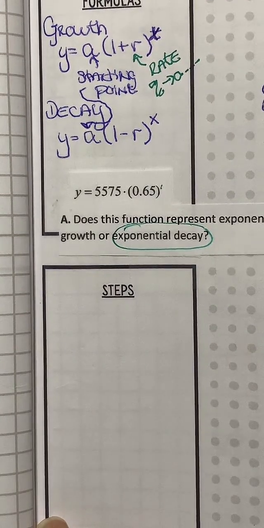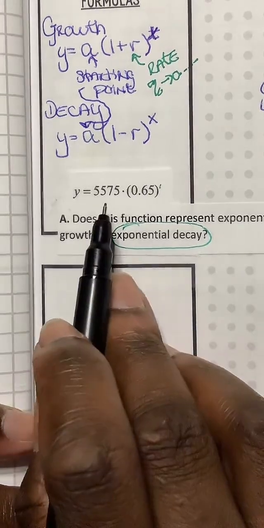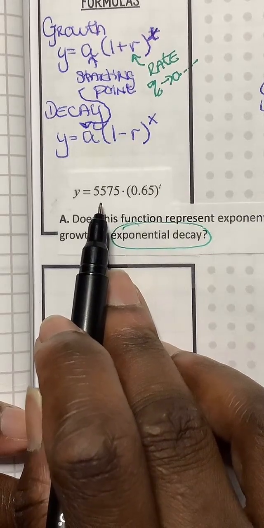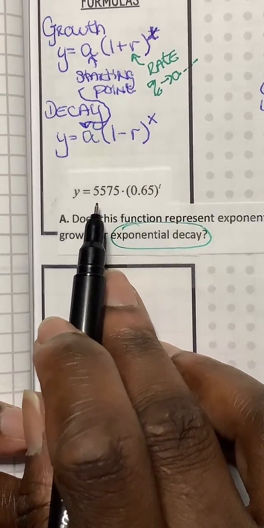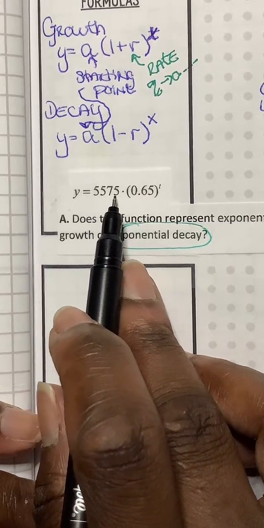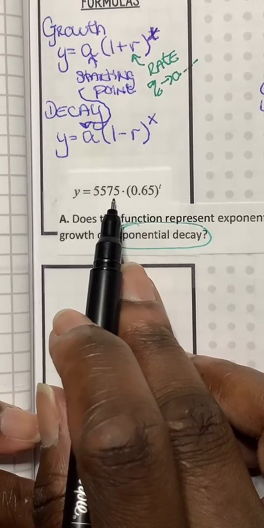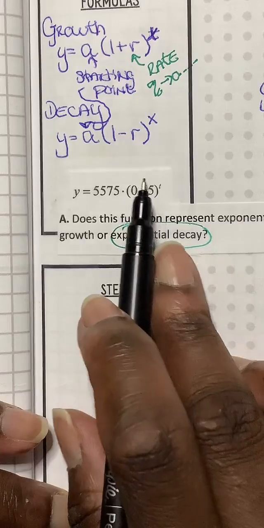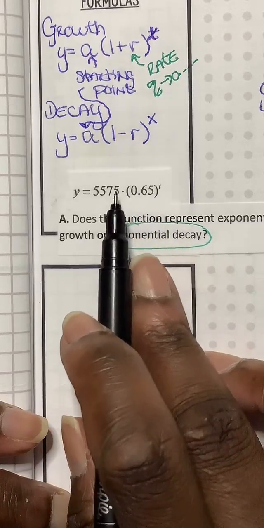So all you have to do is look at the formula. The very first number is going to be where they're going to start. It could be a car, maybe a used car, I don't know. That was where they paid $5,575 for it. This is basically talking about the depreciation rate.